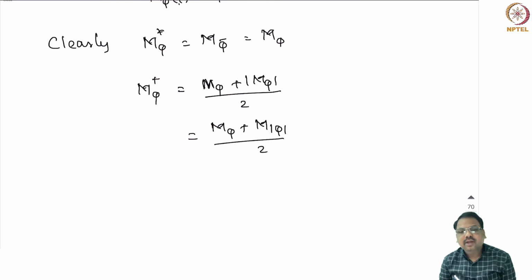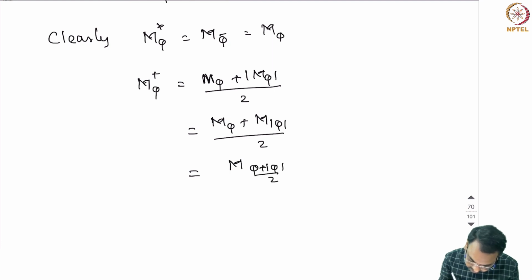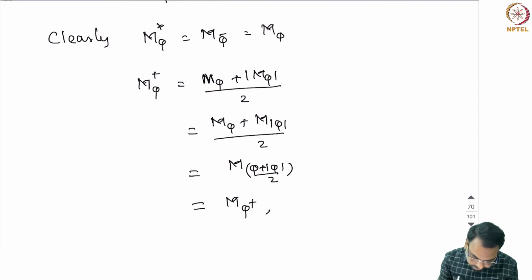We can easily show that the modulus of M_φ is the multiplication operator induced by the function |φ|, and from this we can show that (M_φ+M_|φ|)/2, the multiplication operator induced by the function (φ+|φ|)/2, is M_φ⁺.